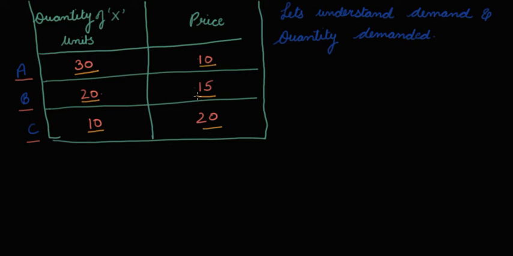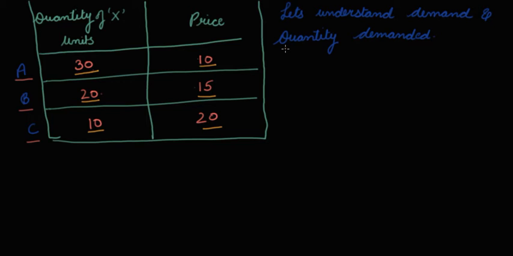At rupees 15 you can buy 20 units, so 20 is the quantity demanded at the specific price of rupees 15, and the same goes for rupees 20. In this way, quantity demanded is different from demand.